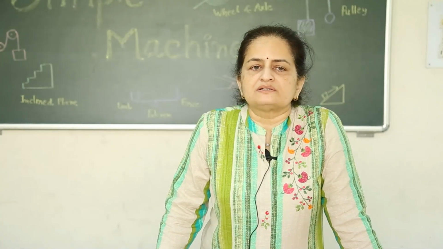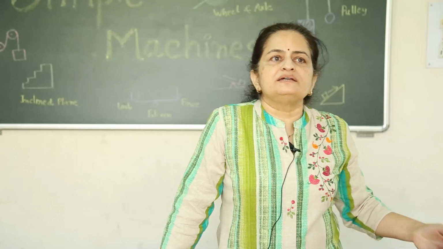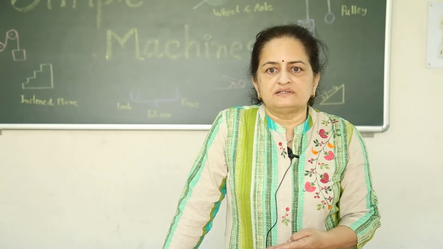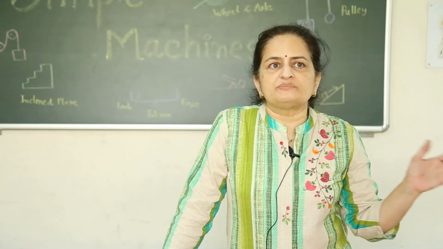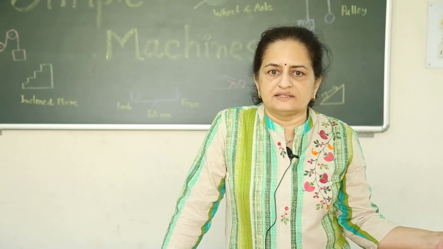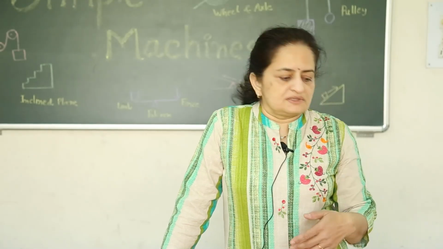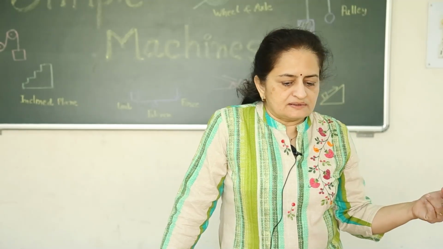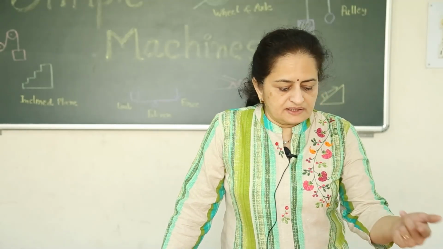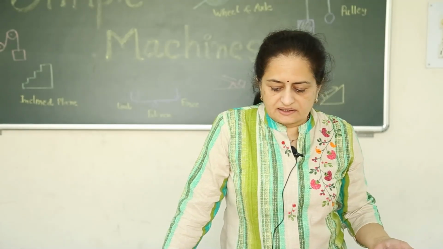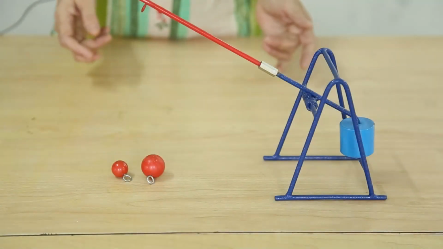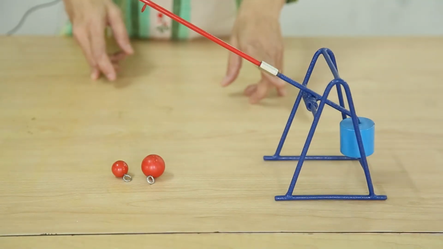Simple machines are useful because they make our work easier with less effort, and we can perform our work very easily. There are 6 types of simple machines: pulley, lever, inclined plane, wheel and axle, wedge and screw. Now, one by one we will learn the simple machines.